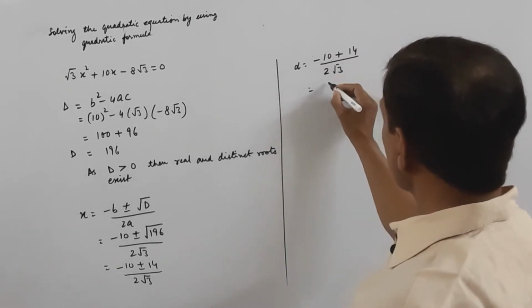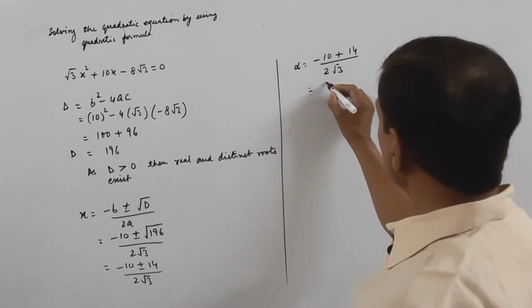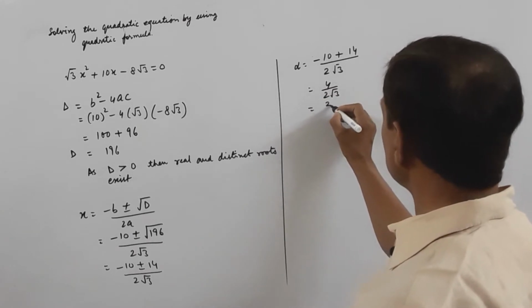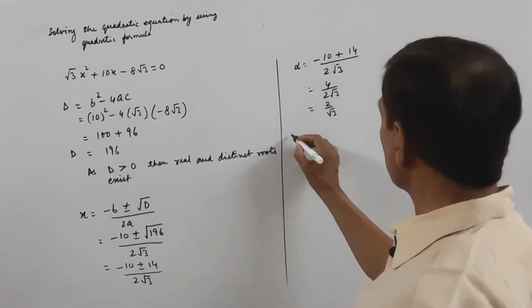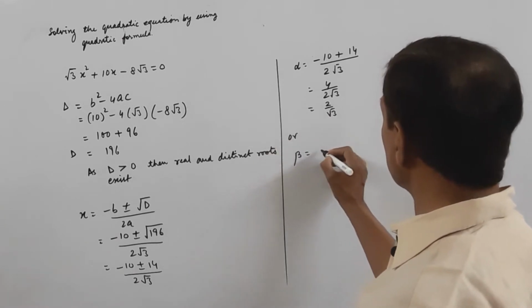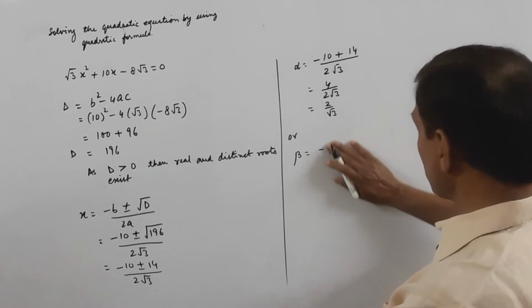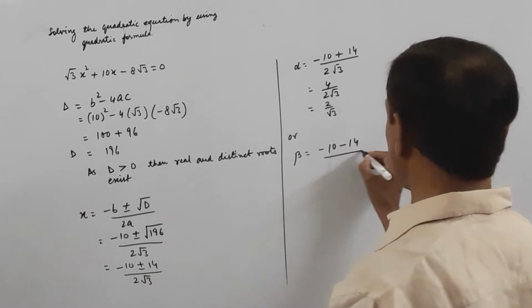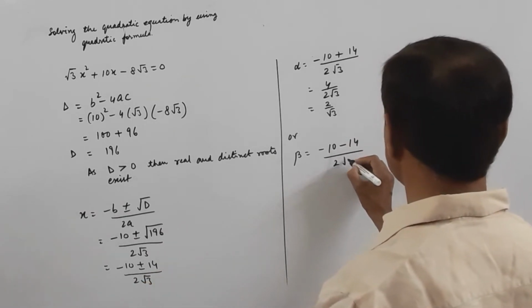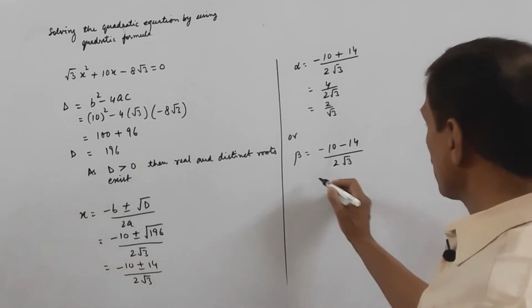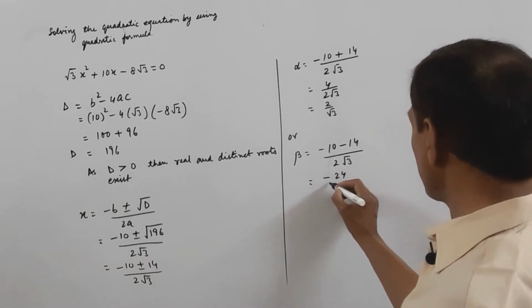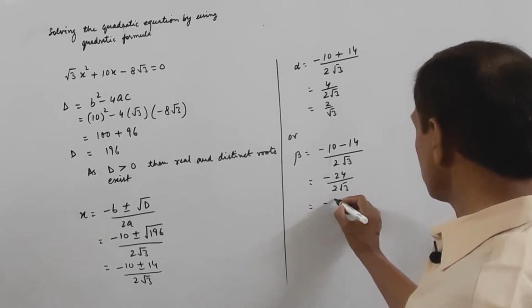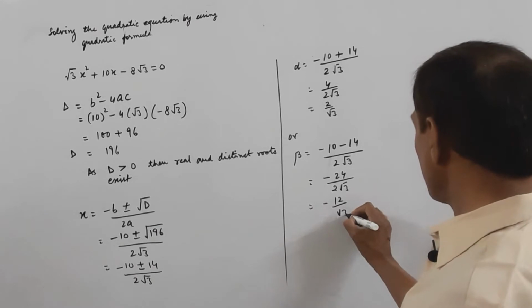This is 4 upon 2 root 3, and that is 2 by root 3, or beta is equal to minus b, that is minus 10 minus 14 upon 2 root 3. So this is minus 24 upon 2 root 3, or that is minus 12 upon root 3.